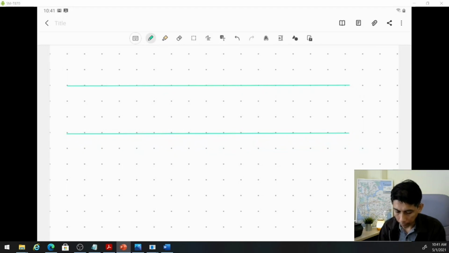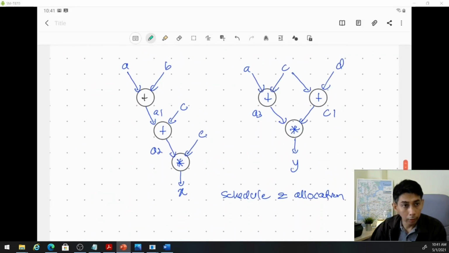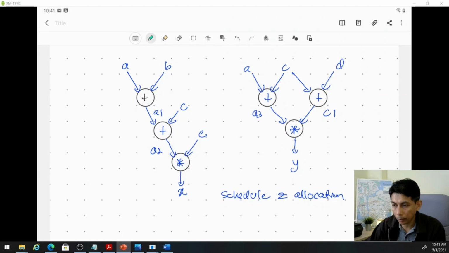So let's have something like this, where we need to refer to this, a plus b, and we need to remember that we are allowed to use concurrent computation of 3 additions. This means that in one clock cycle we can have up to 3 additions. And when we look at this, these 3 additions we can do in one clock cycle.